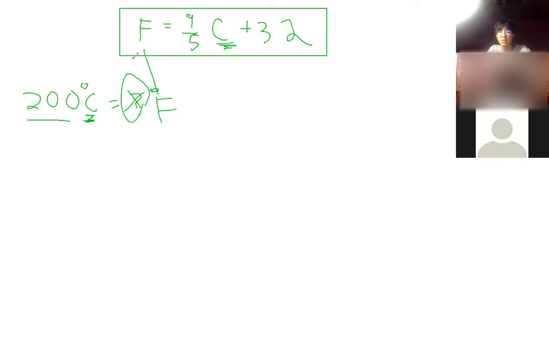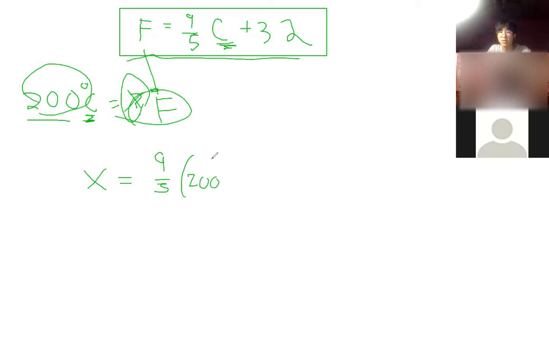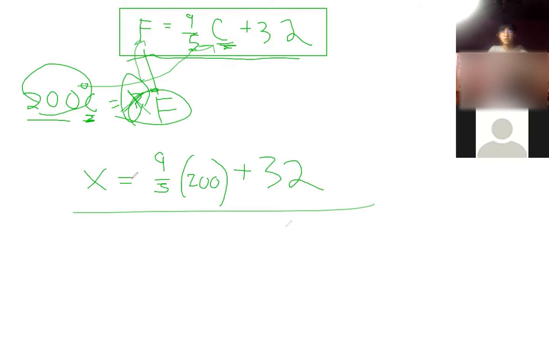So if we rewrite this formula with the numbers you're given in the problem, you would end up with X equals 9/5 times 200. The parentheses just means times, and then plus 32. I'm going to draw these two lines here just to make it easier to understand that this is the equal sign.